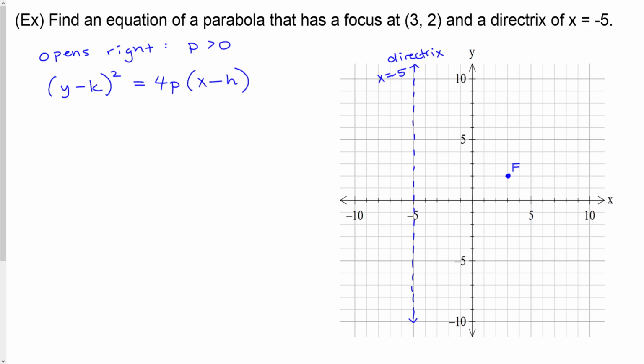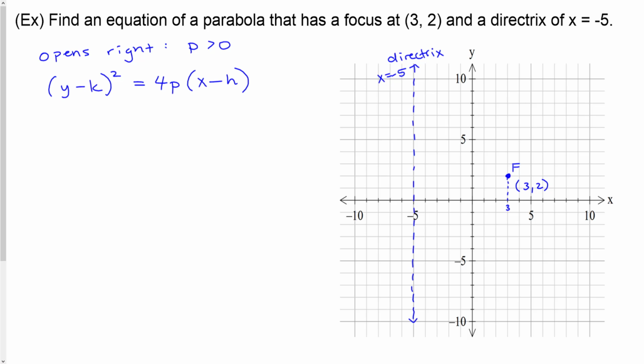but I think I can find all those out pretty easily because I know that the vertex is the center point between the directrix and the focus. So the focus is here at 3, 2, and so that is 3 on the x. And the directrix is -5 on the x.